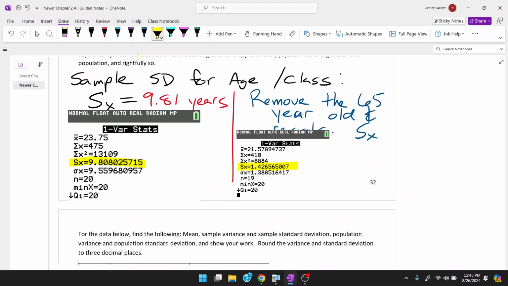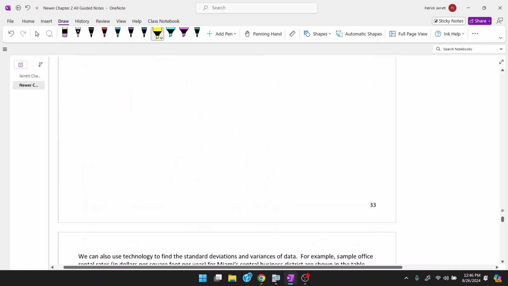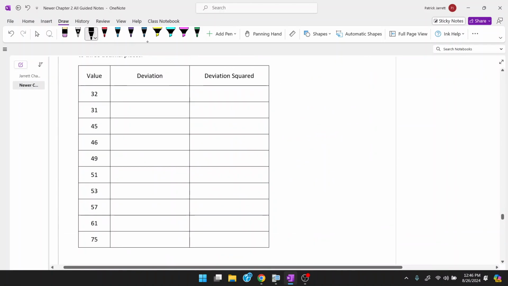Now, last thing we're going to do here is we're going to use the calculator. First thing you'll need to do is find out the mean, population standard deviation, and sample standard deviation.